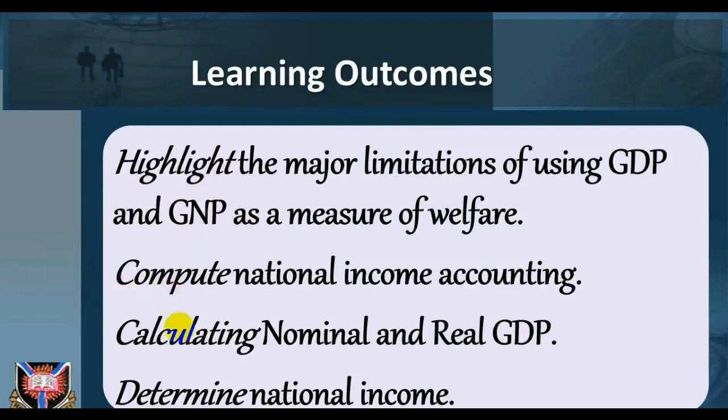Point out major limitations to using GNP and GDP as a measure of welfare. 3. Compute national income accounting. 4. Calculate nominal and real GDP. And 5. Determine national income.